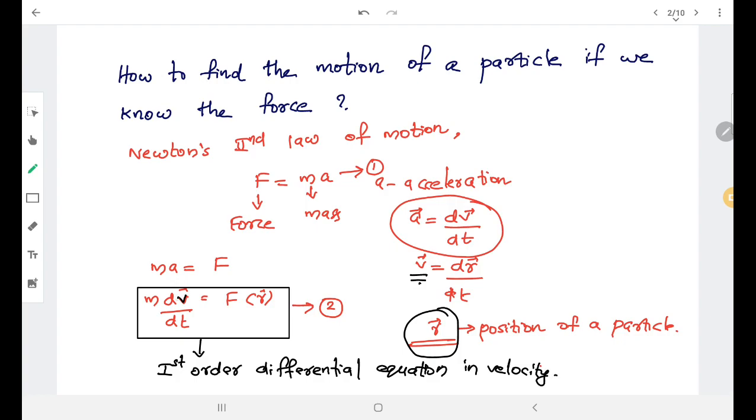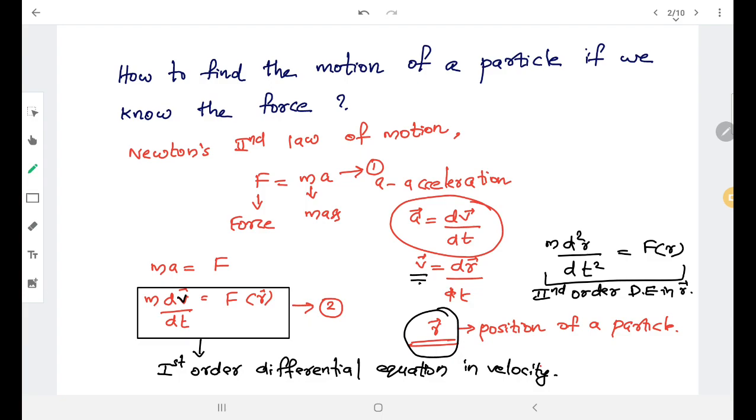If I express this equation in terms of r, what will this equation be? m into dv by dt, with v represented as dr by dt, so this equation can be rewritten as m d square r by dt square is equal to f of r. So this equation is a second order differential equation in position.